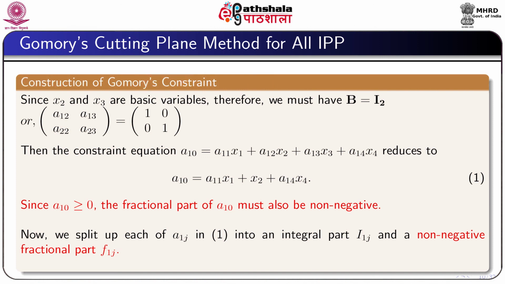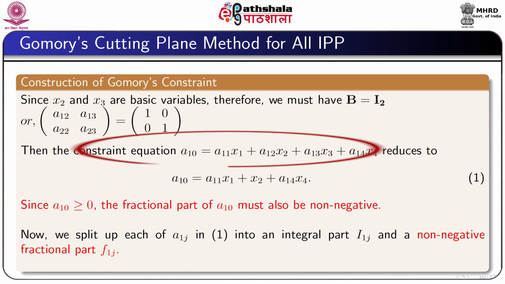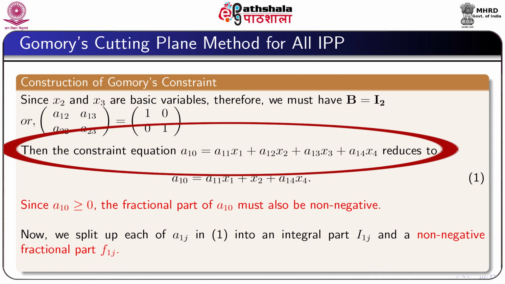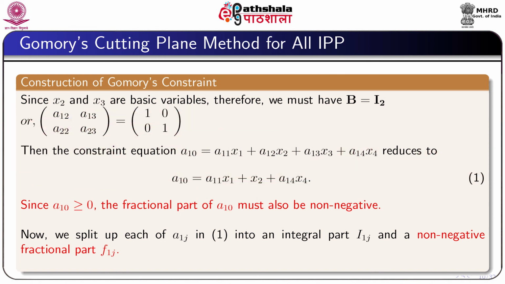From this equality of matrices, we see that A12 equals 1 and A13 equals 0. Therefore, the constraint equation A10 equals A11 x1 plus A12 x2 plus A13 x3 plus A14 x4 reduces to, if we put the values of A12 and A13, A10 equals A11 x1 plus x2 plus A14 x4.